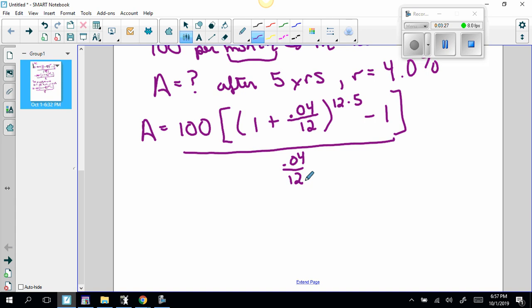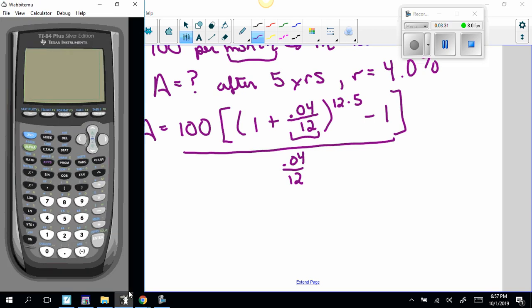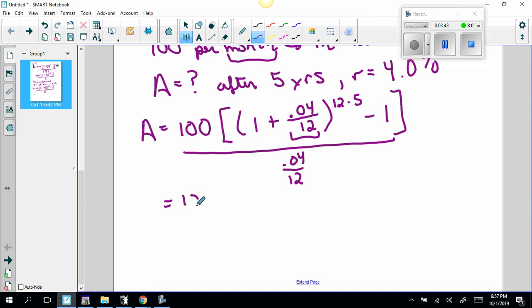Now let's do 0.04 divided by 12. With these fancy calculators, you can type it all in, but we get 0.003 repeating. So we get 1.003 repeating.